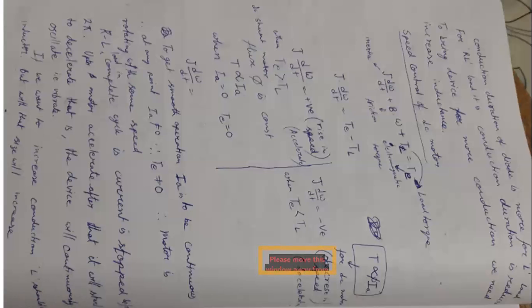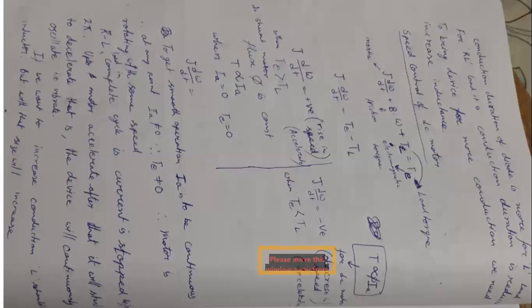Torque is proportional to phi Ia. When J d omega dt is positive, we get a rise in speed, that is, when electromagnetic torque is greater than load torque.